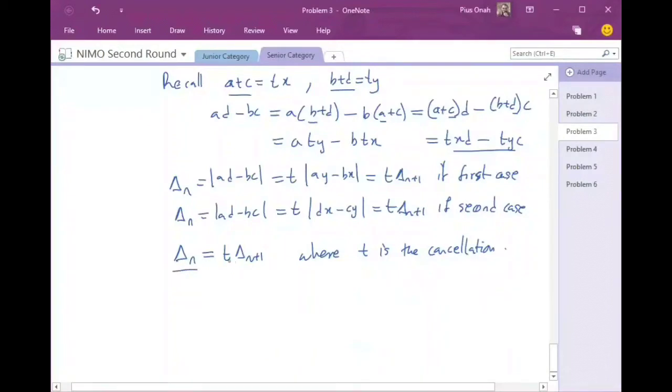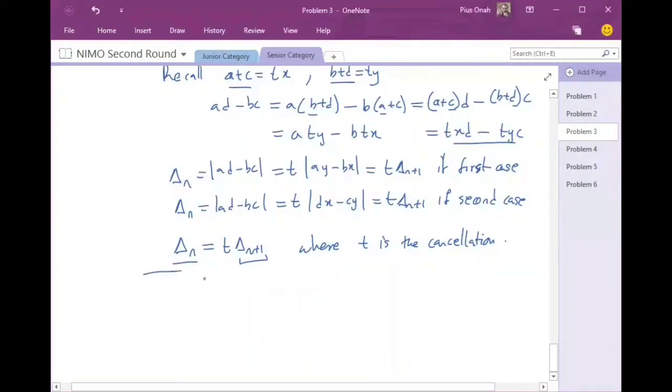We start with some delta n. Then what we cancel out has to be a factor of that number. Then we have something left, continue with this one and probably cancel something out again. If we continue canceling out, eventually we run out of factors for our delta n.